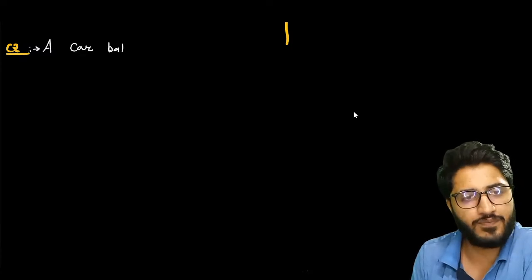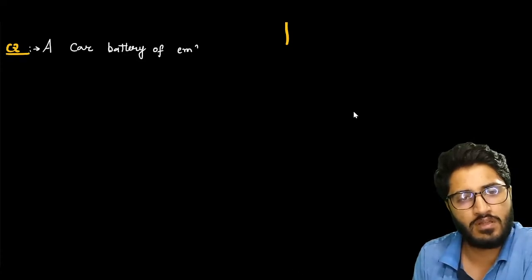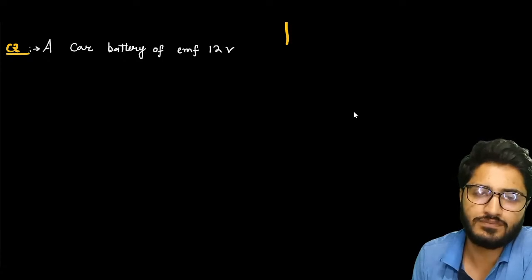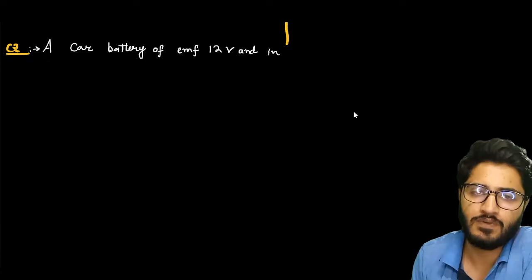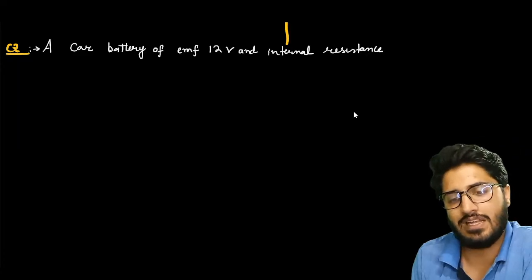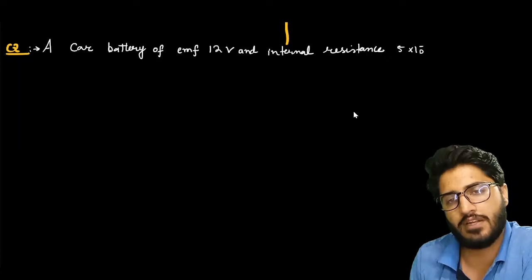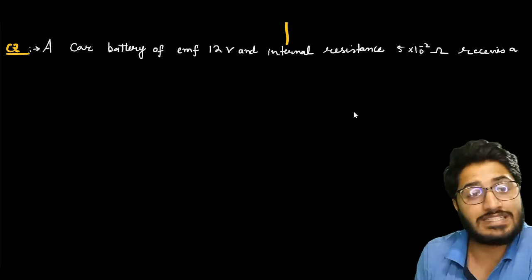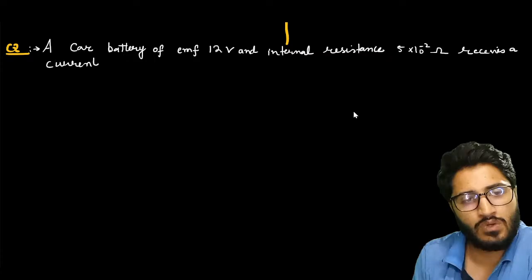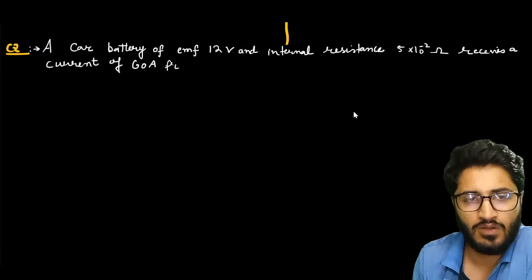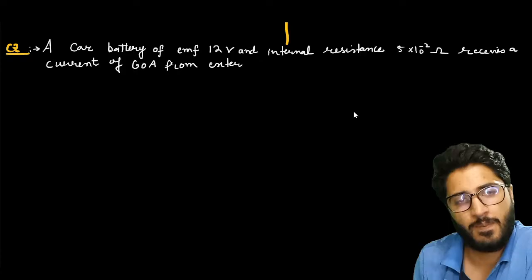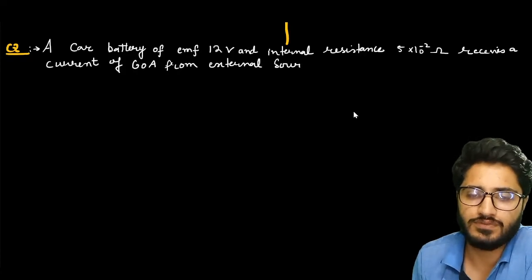A car battery of EMF 12 volt and an internal resistance 5 into 10 to power minus 2 ohm receives a current of 60 ampere from an external source.